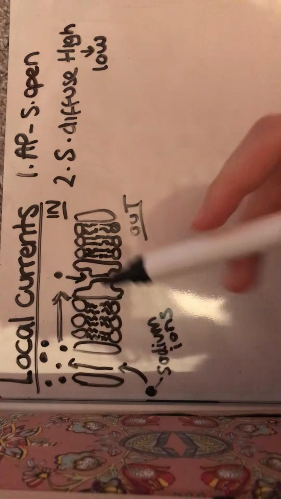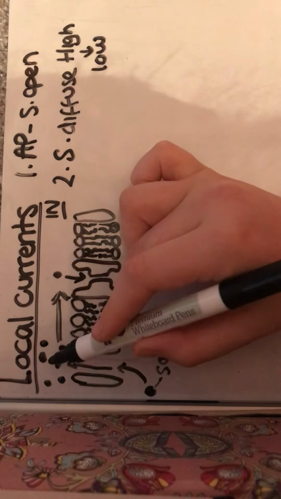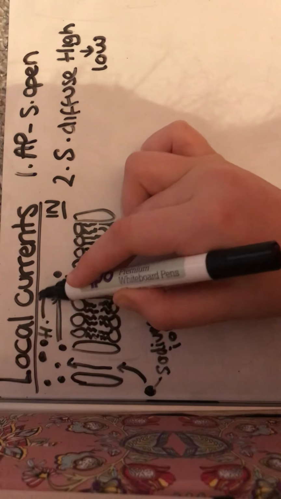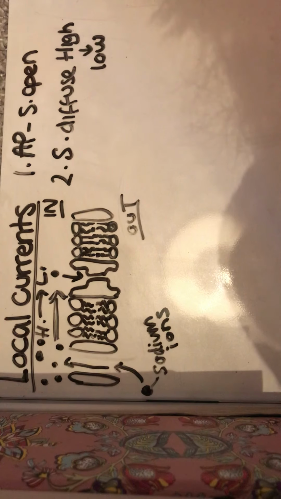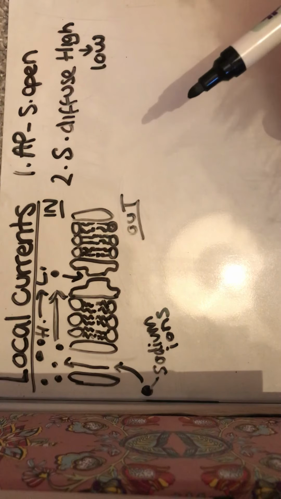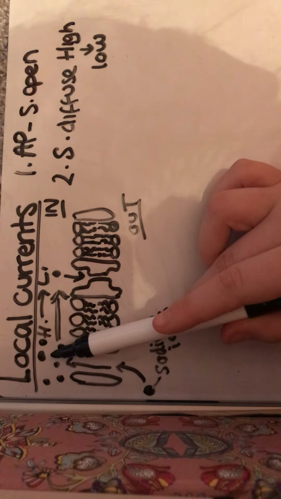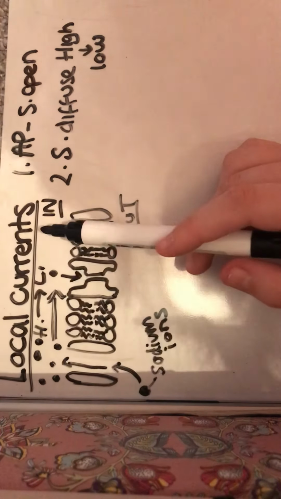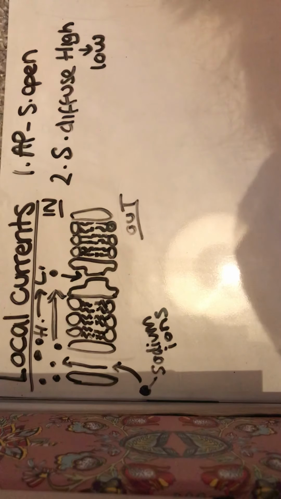That continues to diffuse because, again, we've got high to low. So the movement of the charged particles is a current called a local current. That's all the actual local current is. It's just the movement of the sodium ions from a high to low concentration across the neuron.